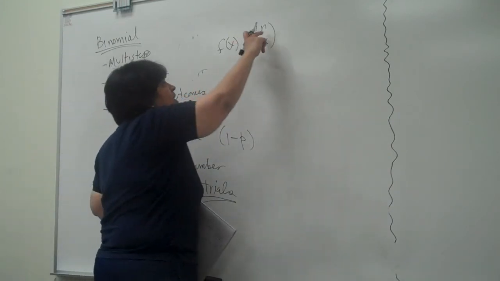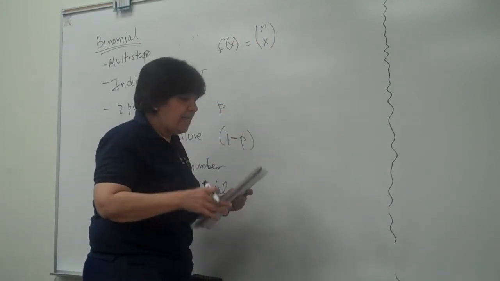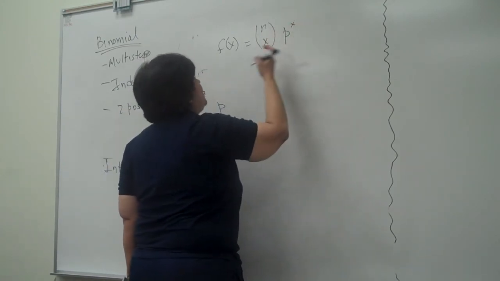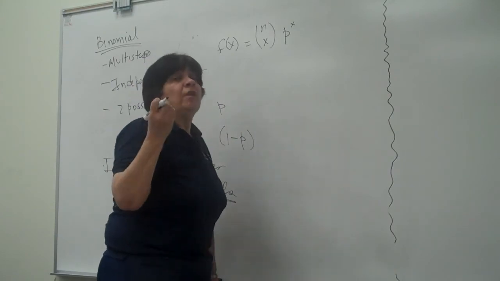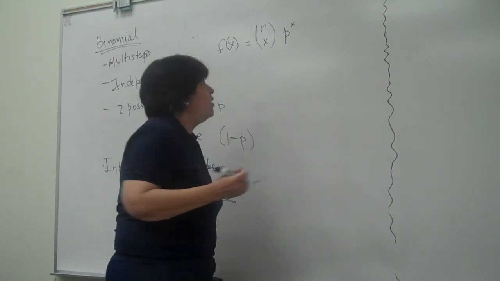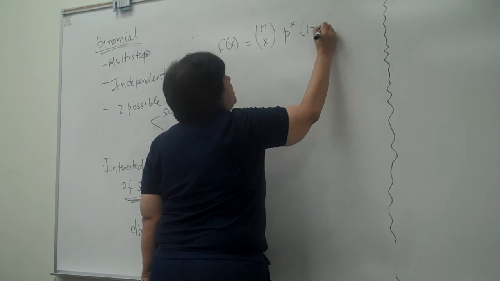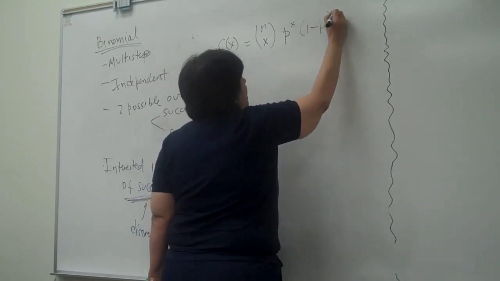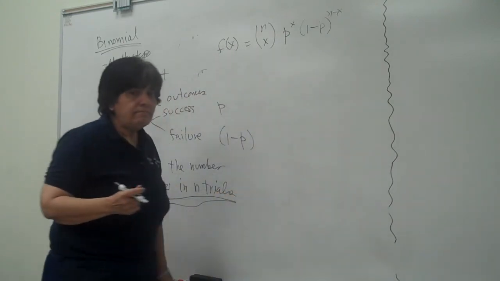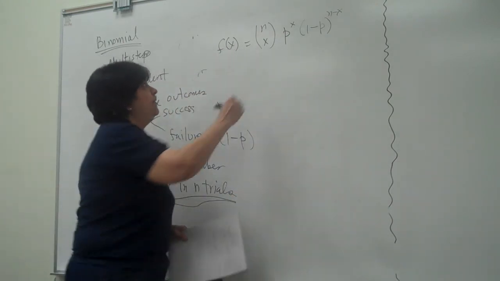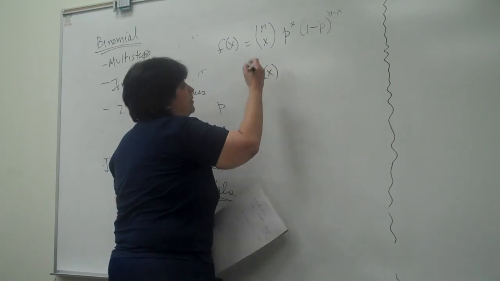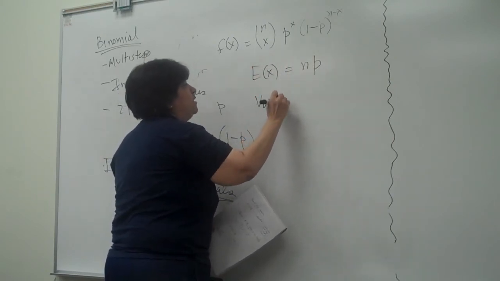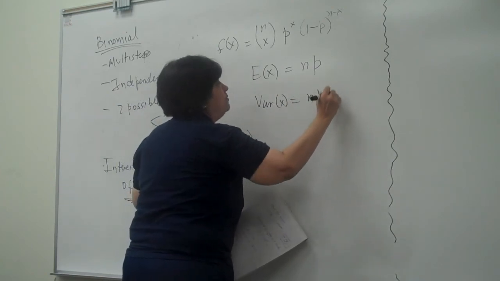This is not n over x, this is nCx, or combination, times p to the power of x, that is the number of successes that we are dealing with, times 1 minus p to the power of what? n minus x. Okay? That's it. The expected value of this binomial function is equal to np, and the variance is equal to np times 1 minus p.